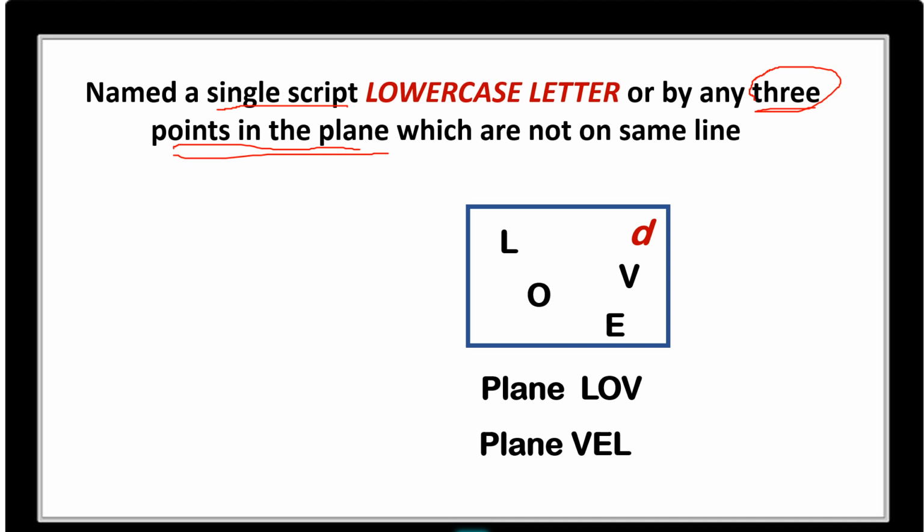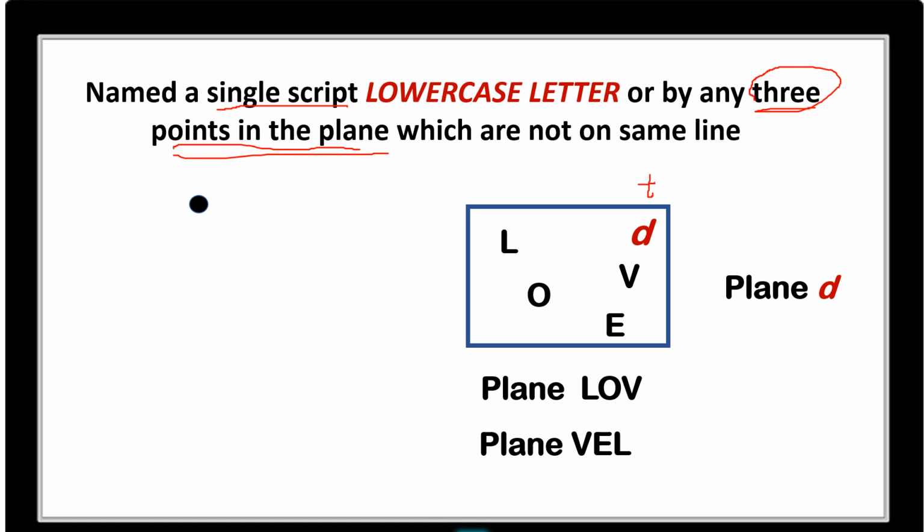Kung ayaw natin sa plane LOV, pwede po natin isulat ito as plane D. Now, halimbawa, ayaw natin ng D. Pinalitan natin ng T, kunyari. So, it could also be named as plane T. Yun po, mamimili tayo sa dalawa kung saan po natin i-represent, sa 3 letters or sa single script lowercase letter. So, ganun lamang kadali.